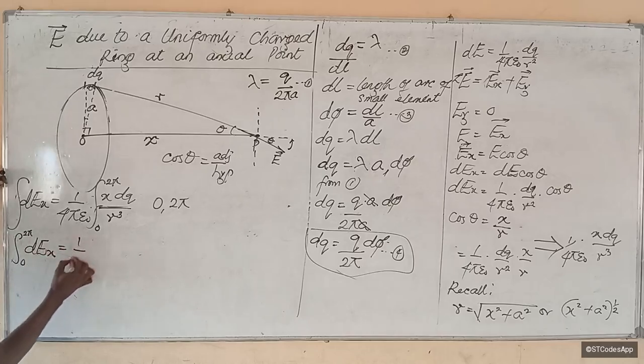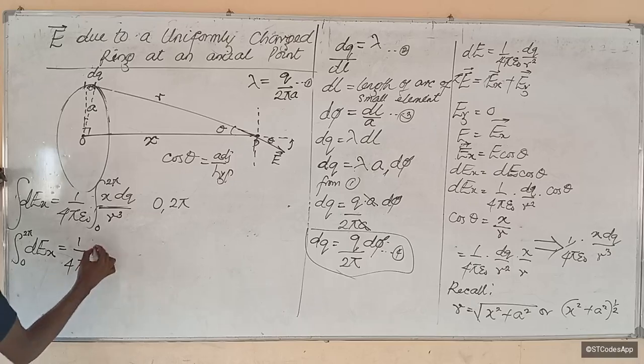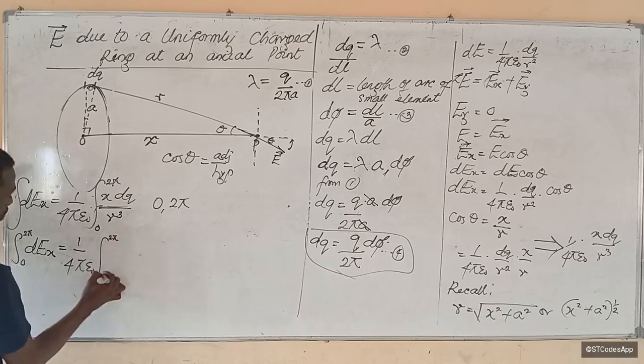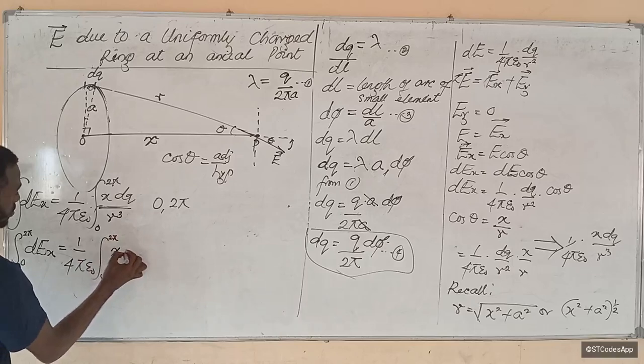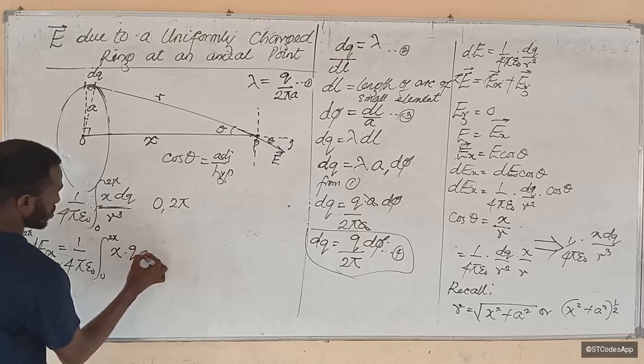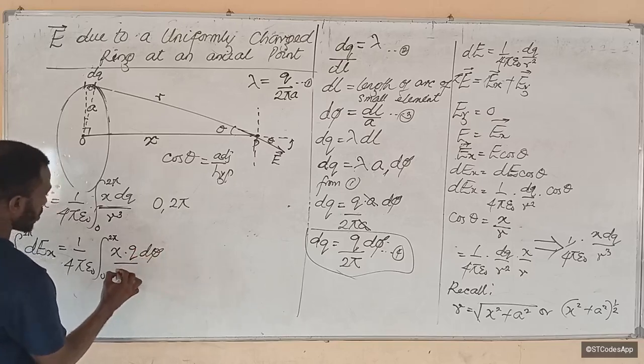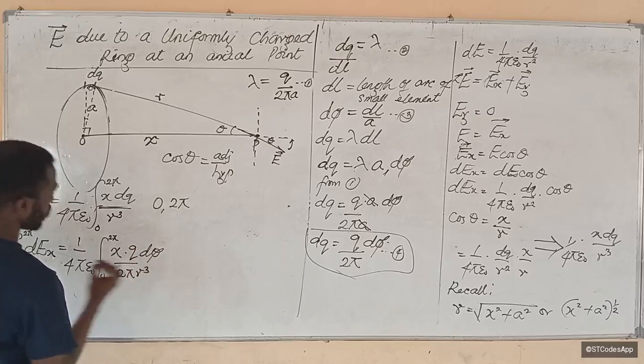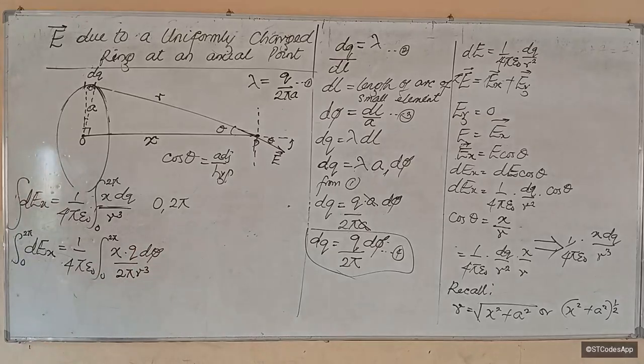dE_x is equal to 1 over 4 pi epsilon naught, integral between 2 pi and 0, of x, our dq is now q d phi over 2 pi r cubed. Okay? That's our dq.